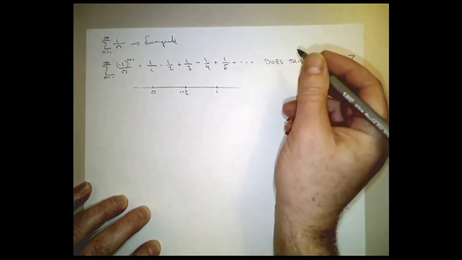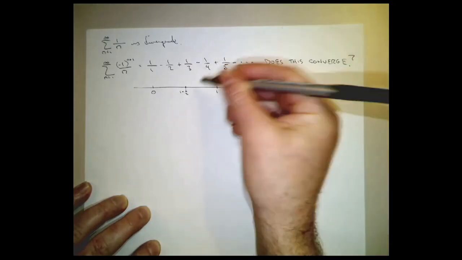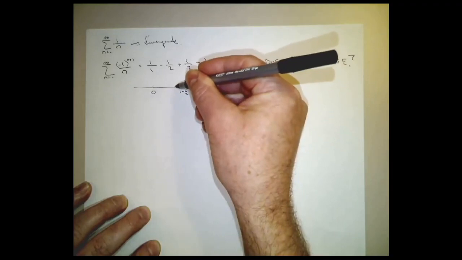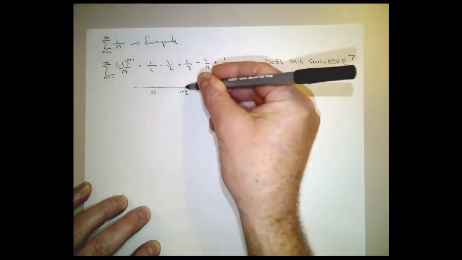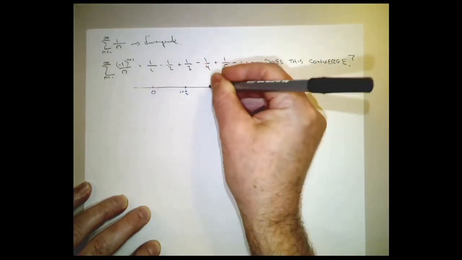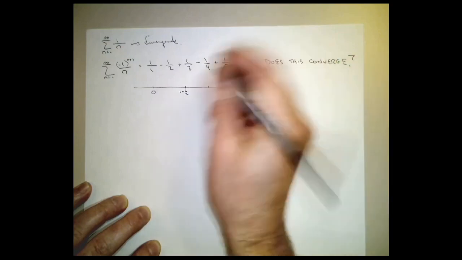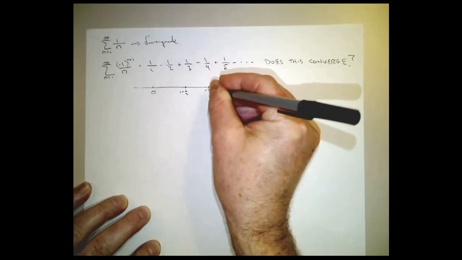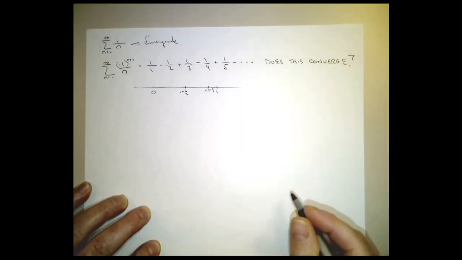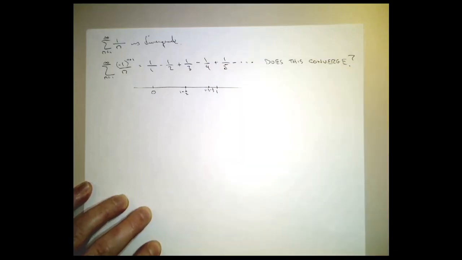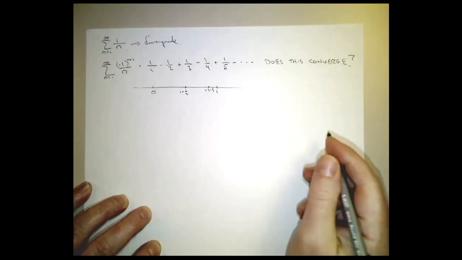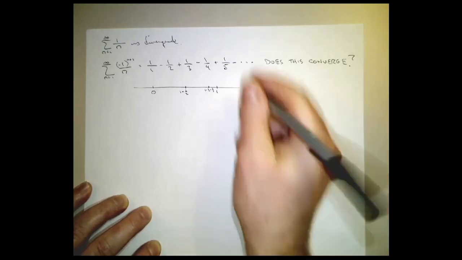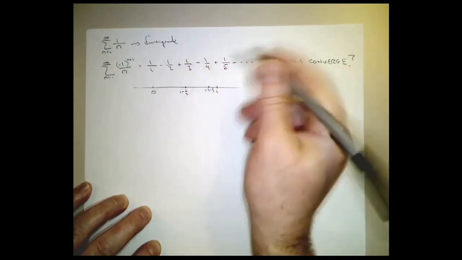1 minus a half plus a third. Let's see, a third is going to be about that distance right there. So tack that onto here. Maybe about this. 1 minus a half plus a third. We're going to continue in this fashion. So now I'm going to subtract a fourth.